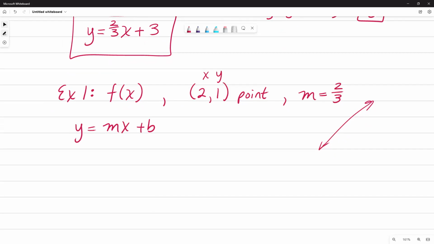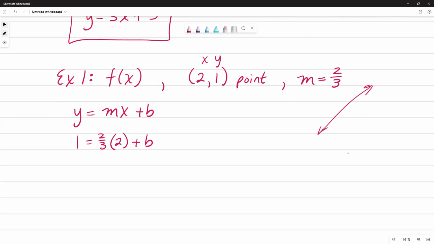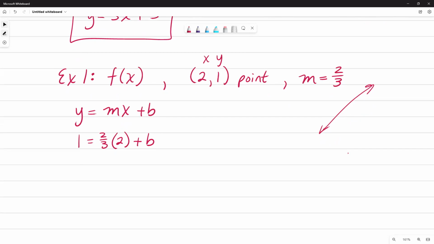So for the y, we're going to use 1, and then m is our slope, which is 2/3. x is 2, and b is our unknown. So y stays 1. This is just 2/3 times 2, where 2 is 2 over 1. So when you multiply that, it's 2 times 2 in the numerator, 3 times 1 in the denominator. So it's 4/3 plus b.